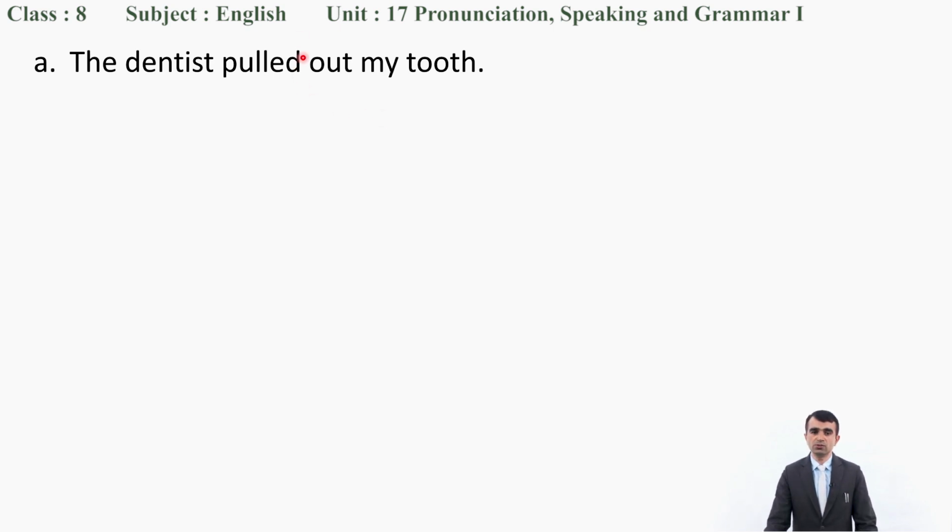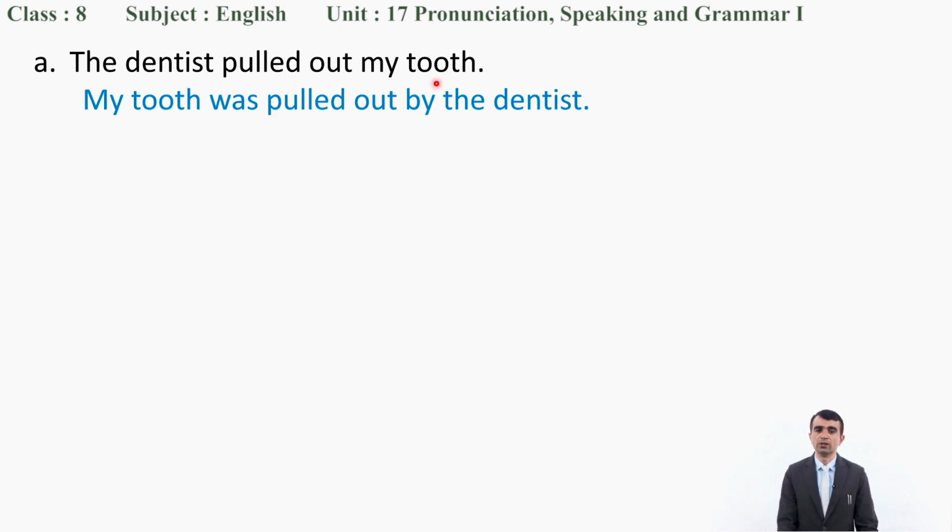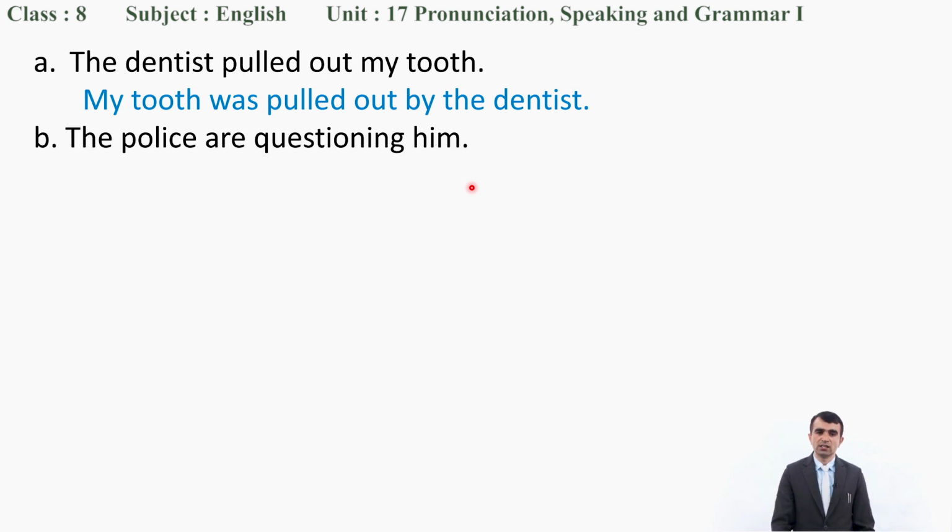To choose it, you should see the verb. The verb is in past tense, so be verb should be was or were. My tooth was or were? Was. Okay, my tooth was pulled out by the dentist. Is it so? Good.